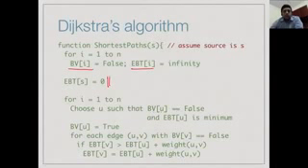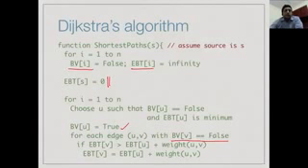So we look for a U which has not been burnt and whose expected burn time is minimum, and make it burnt. And for each of its outgoing neighbors B which is not burnt, if the current estimate for that is bigger than the estimate of going through U, that is the burn time of U plus the weight from U to B, then you update the burn time of B to be the new one.